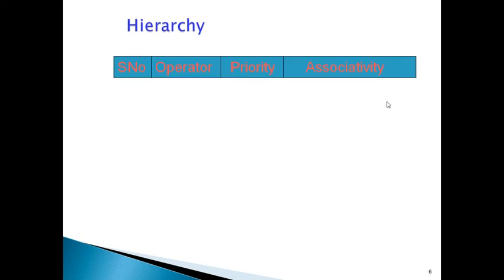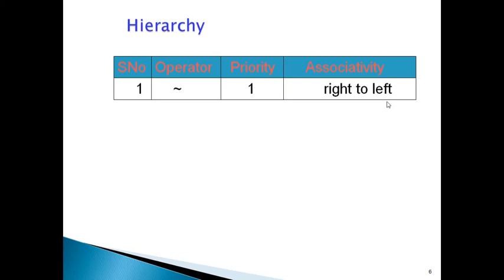Now we will see the hierarchy of the bitwise operators. Serial number, operator, priority, associativity. Number 1, tilde operator. This is used in the bitwise operator for performing the ones complement operation.